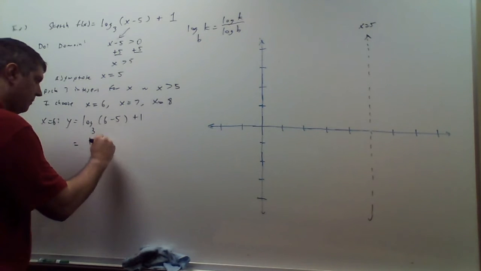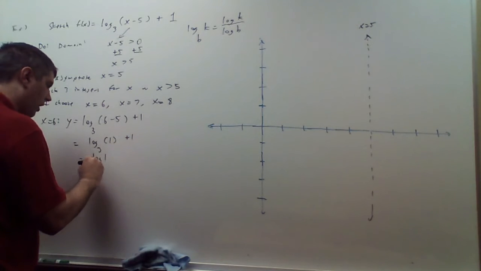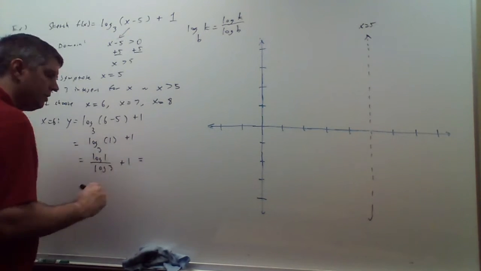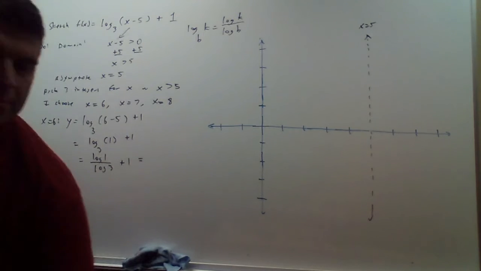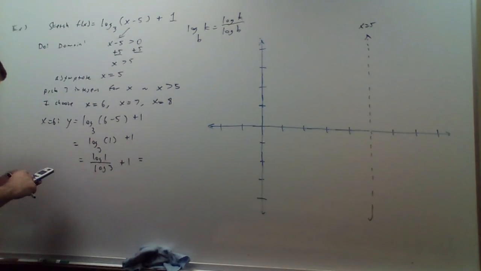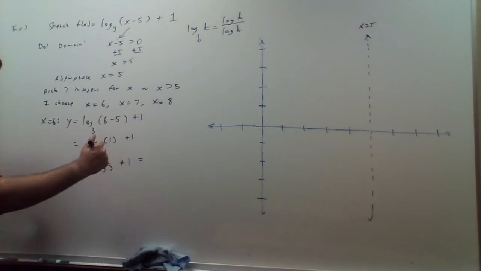That's going to be log base 3 of 1 plus 1, which gives me log of 1 over log of 3 plus 1. This is actually going to come out even. I'm going to take my calculator, log of 1, 0. Yep, 0 over anything is 0, so 0 plus 1 is 1.